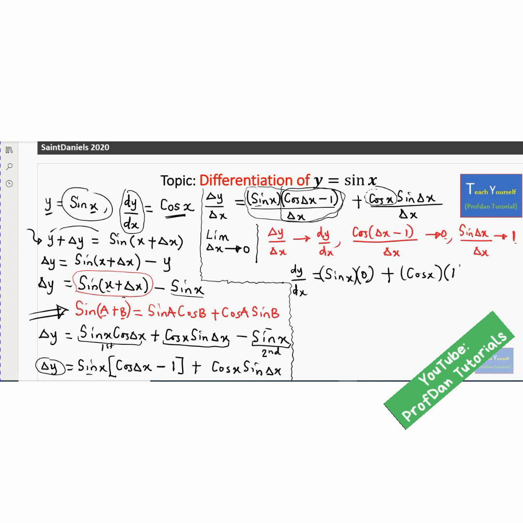So our differentiation of y with respect to x gives 0 plus cos x times 1, which is cos x. And that is it from first principle. When you differentiate sine of x, you get, written as y prime or dy/dx, cos of x. Thank you.